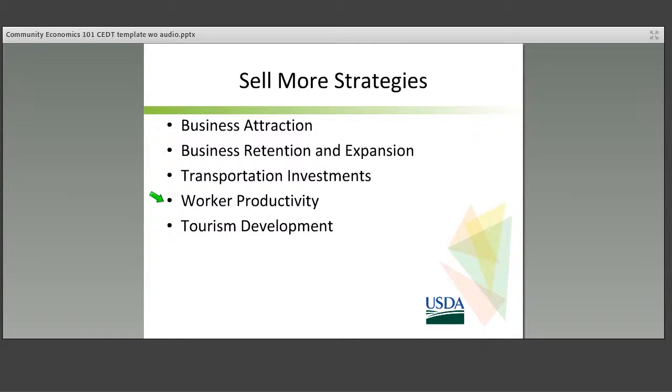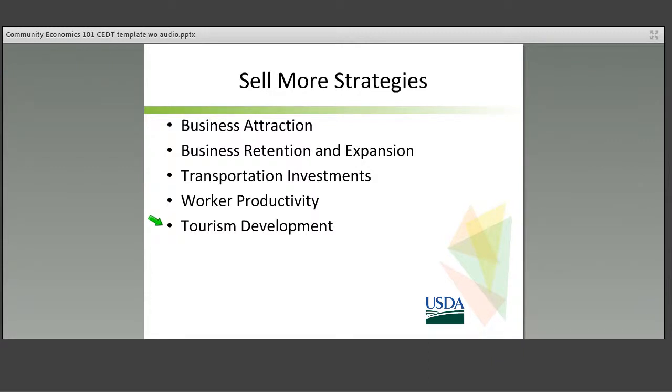And so, we've got to have a workforce that's ready and able to do the job in the most effective manner possible. And there's all kinds of worker training programs, certification programs, helping to keep them healthy. Those kinds of things can be very effective to make the community more competitive on the international marketplace.